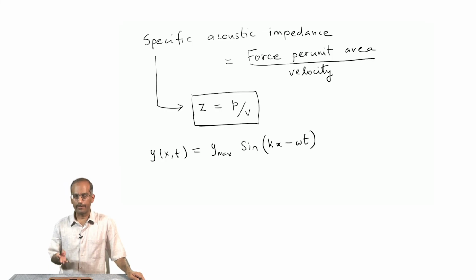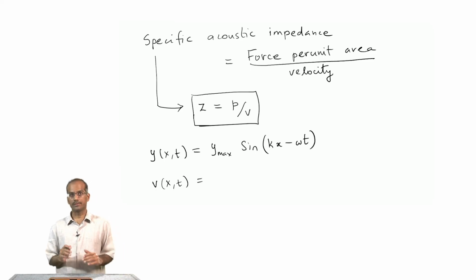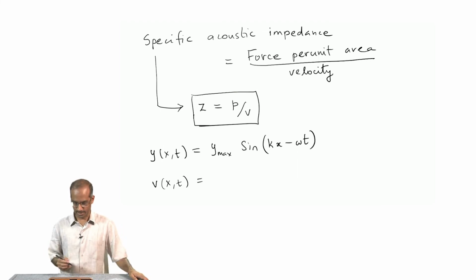Now that I have the solution for y, of course, I can also write a solution for v. In this case this is not the velocity of sound, this is what would be called the particle velocity. So, it is not the phase velocity now.